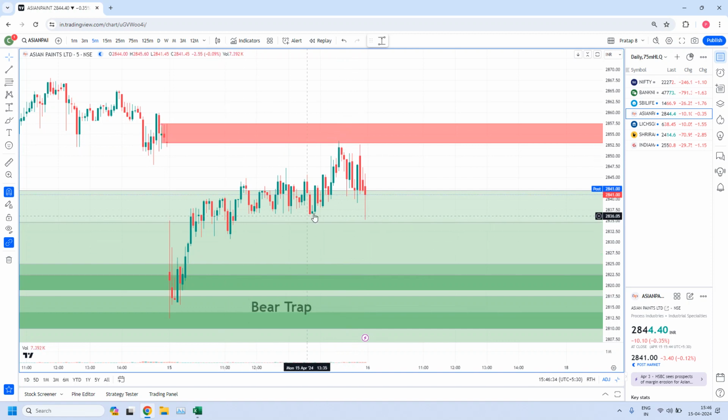What I am discussing here is not about my trades or your trades. We are discussing the behavior of this high liquidity zone and how much opportunity it provided to us. How much you grabbed is a different story. But today it provided you an opportunity until its 15-minute zone.